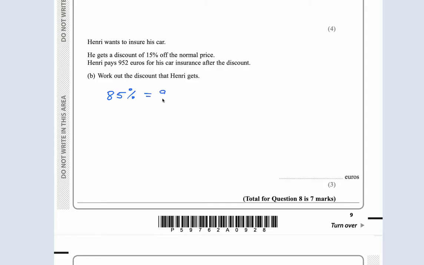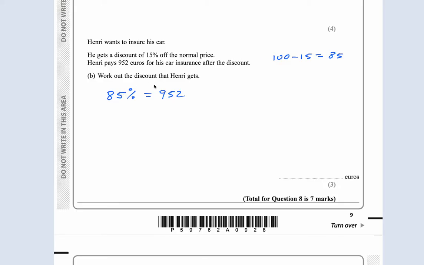So 85% is 952 because 100% is the original. He got 15% off. So that's 85%. And we want to find out what was actually the discount that he got, right?